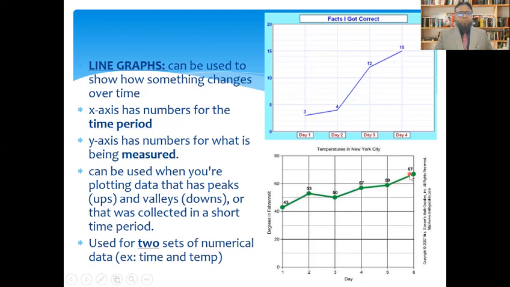So the line graph can be used when you are plotting data that has peaks and valleys, ups and downs, or that was collected in a short time period, used for two sets of numerical data. For example, time and temperature. Time should be taken on the x-axis, and temperature on the y-axis.